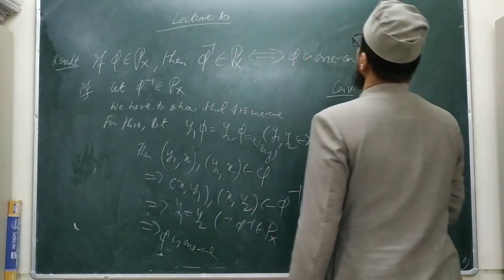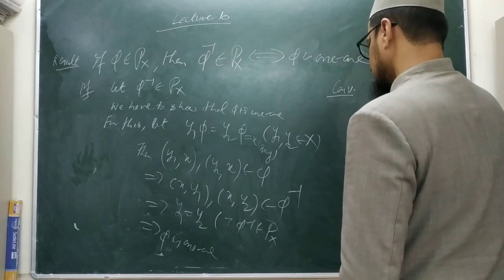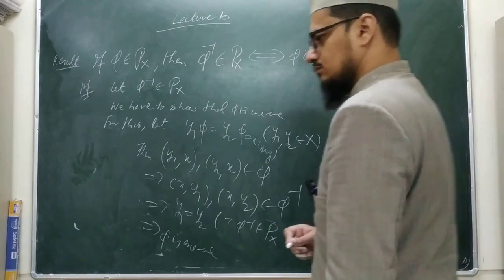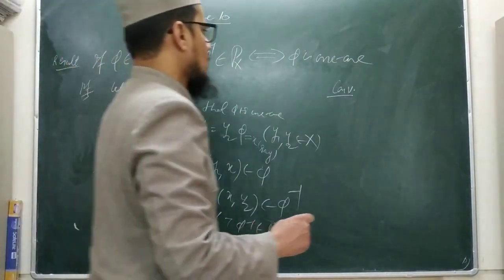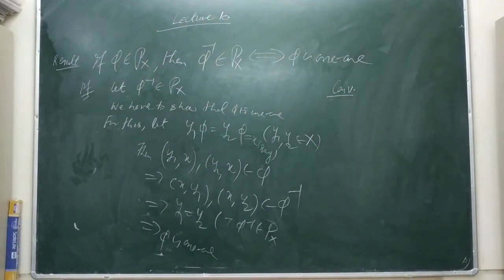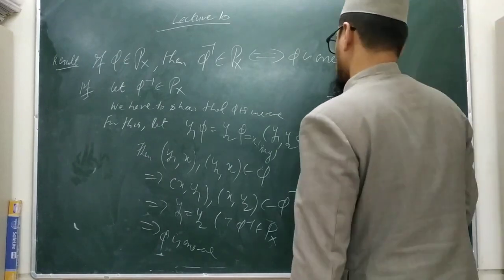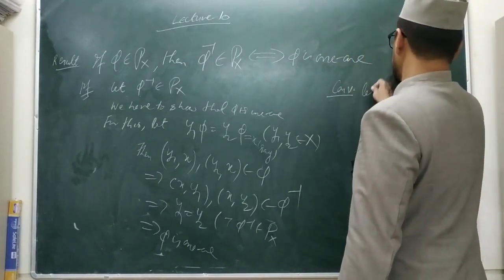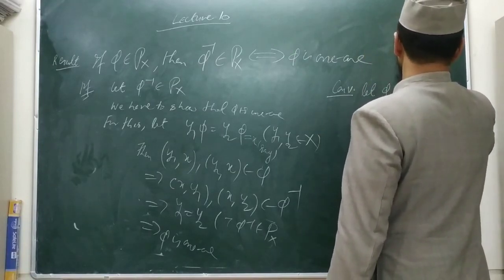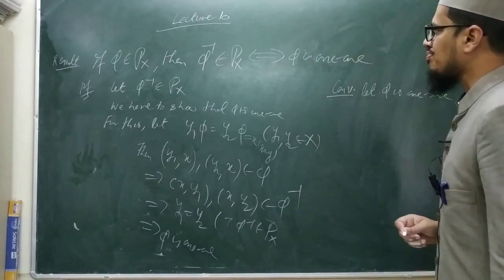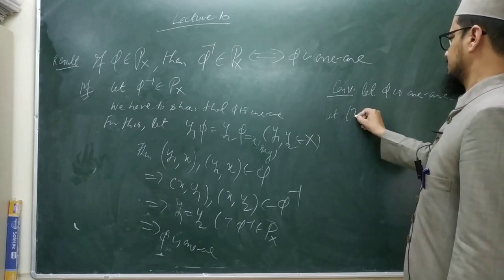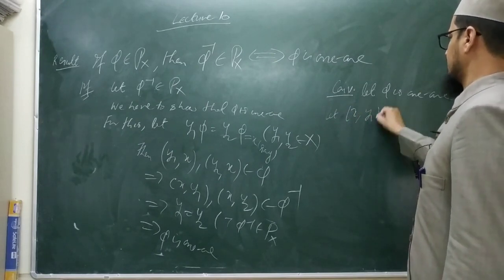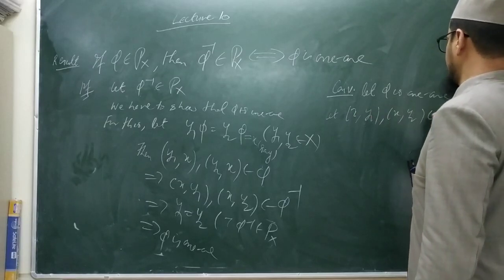Conversely, let phi be 1-1. Let x, y1 and x, y2 belong to phi inverse.